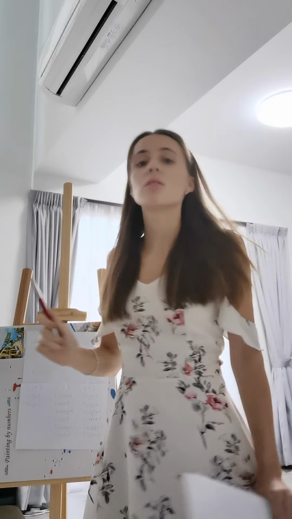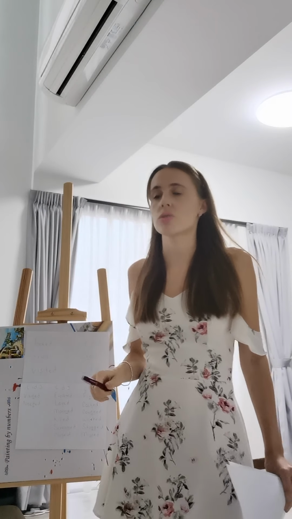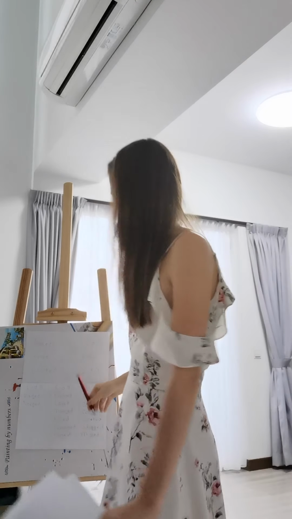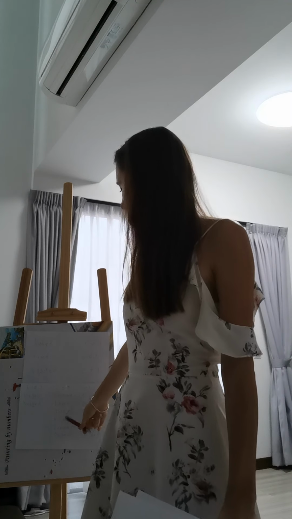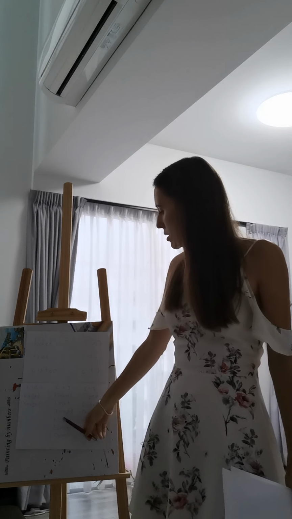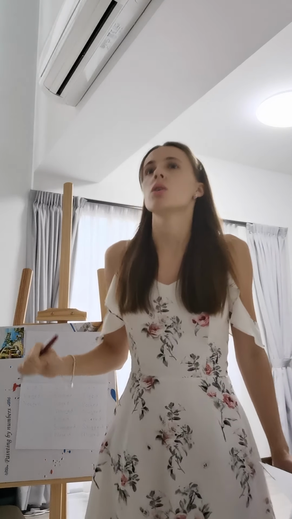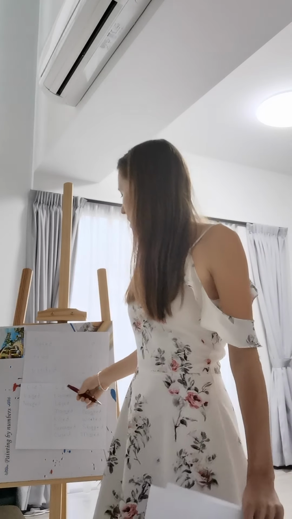Screamed, good. Killed, yeah. And closed. Okay, so many verbs, right? Now let's have a look at the last letters of these verbs. So we have R, V, L, M, Z. So after these consonants, we need to pronounce the ending as D.